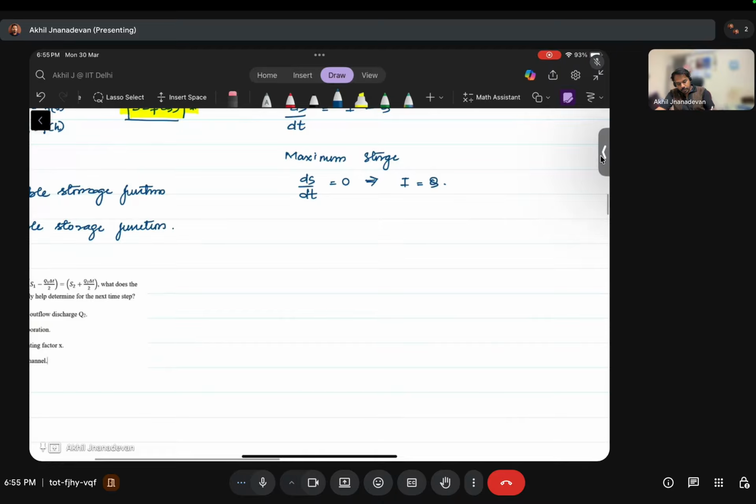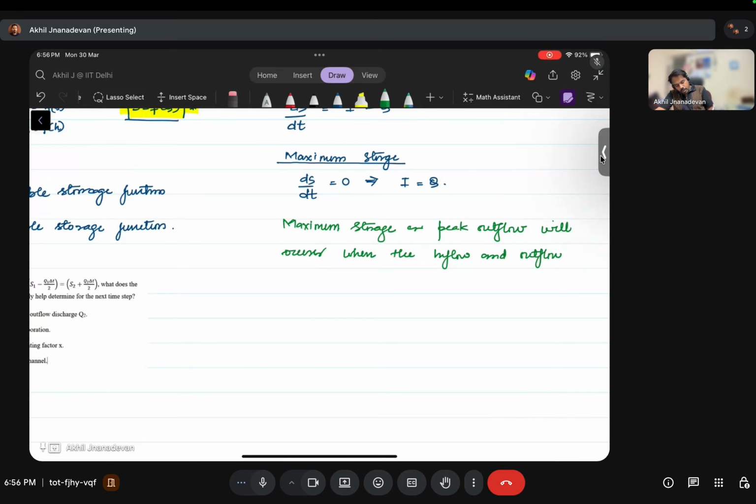So what does this mean? The maximum storage or peak outflow will occur when the inflow and outflow hydrographs meet.